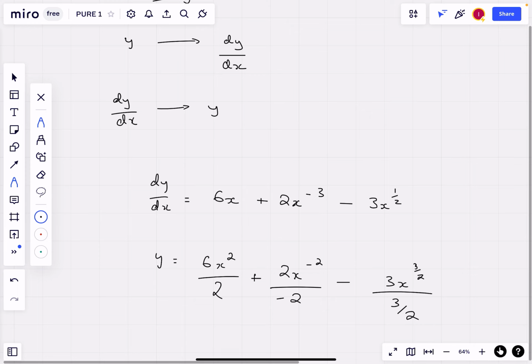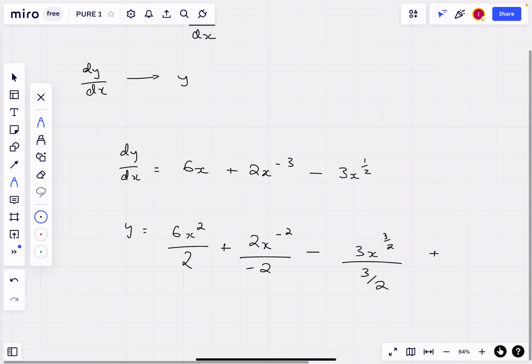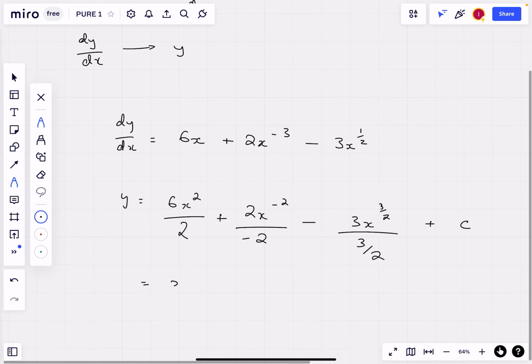Now in integration, at the end, we have a constant, which we don't always know. So we leave it as c, so plus c. Okay, now it's just a matter of simplifying. So 6x squared over 2 is the same as 3x squared. 2 over minus 2 is the same as minus 1.